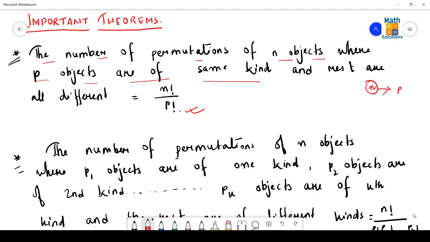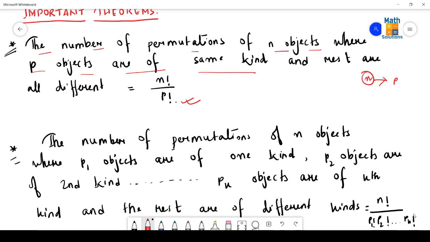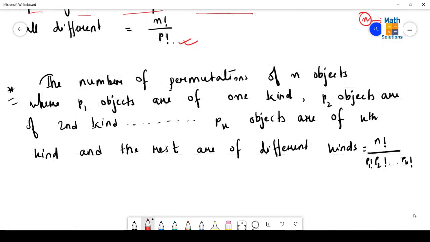The next important theorem is just an extension of this first theorem, where we shall be getting several kinds of objects which can be categorized in different categories.